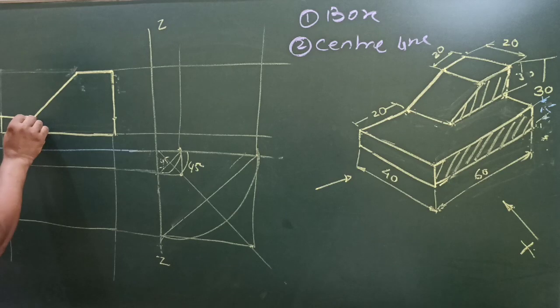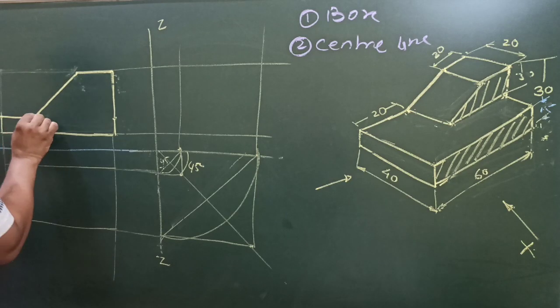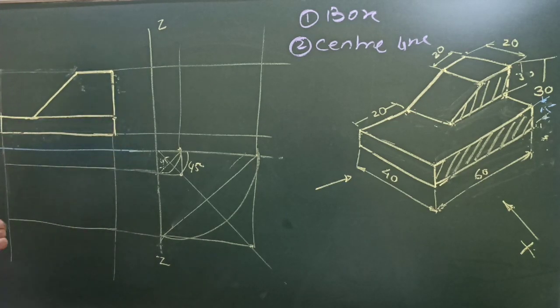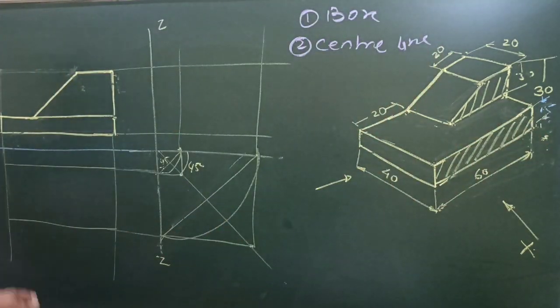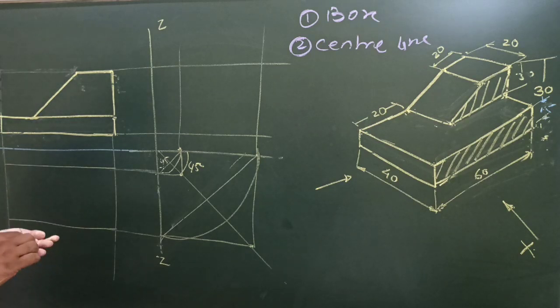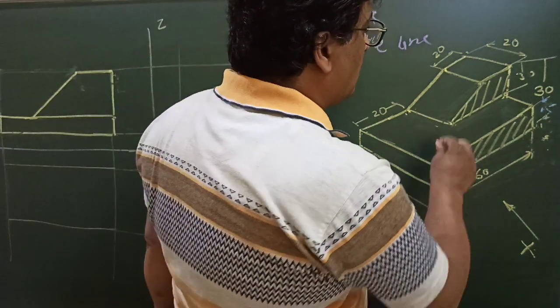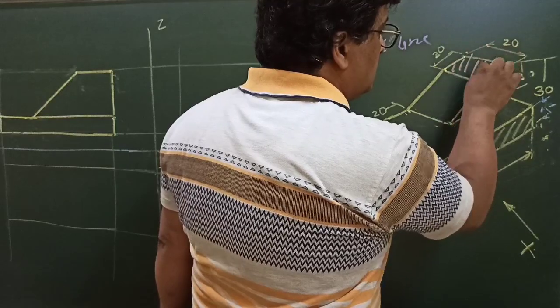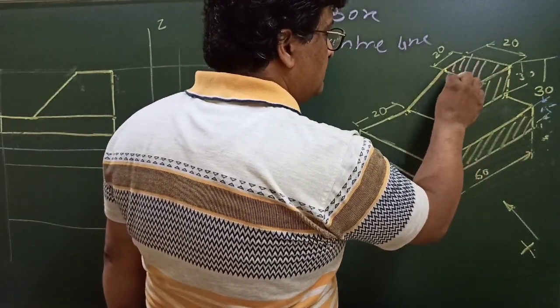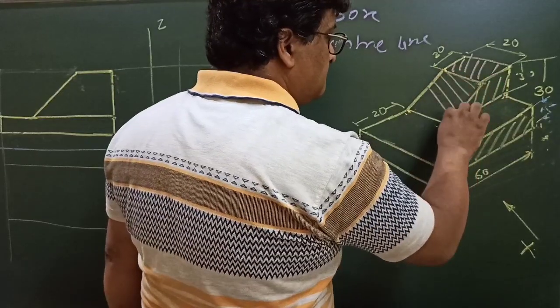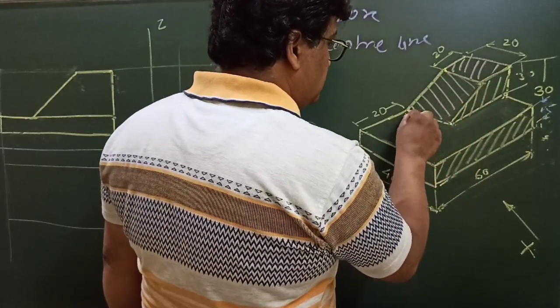One more line, this line to be joined up to the, because this is a complete rectangle here visible to you, right? So this completes front view. As far as top view is concerned, again cut the required points. Now what is visible in the top? This part, and this part.